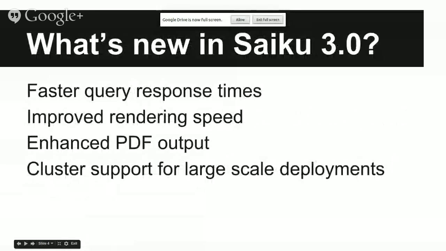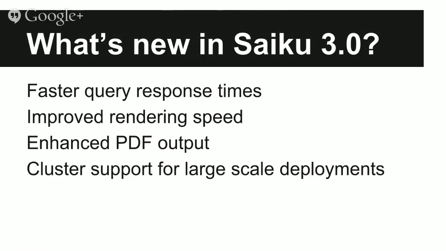So there's a couple of aspects to the latest round of Saiku releases. The first thing being that Saiku 3 has been released. So this is relevant to the community version as well as the enterprise version. And a few of the things that are new in Saiku 3. We've done a lot of work in improving the performance both of the server and the libraries that we communicate with.